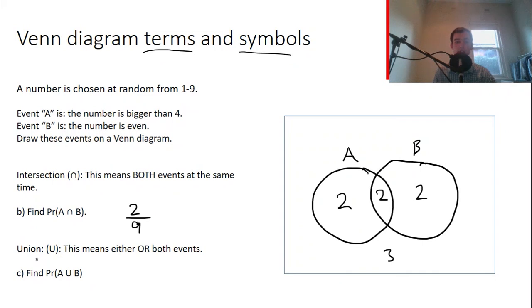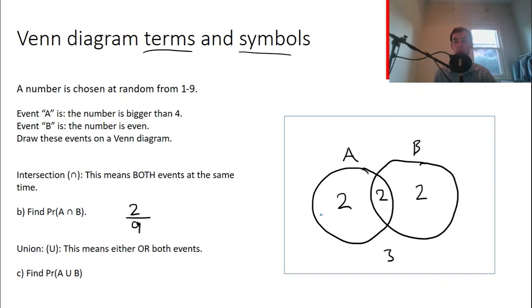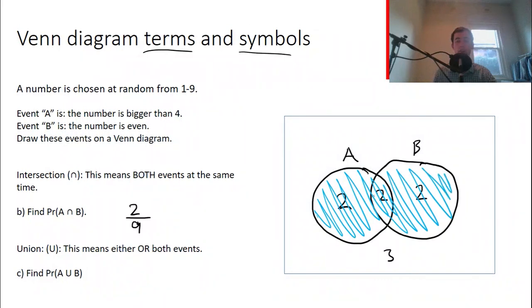Union is different. Now the best way to talk about union is to actually draw it. So I'll draw all the sections that are in the union. So union is either or both events. So that means it could be A, it could be B, or it could be both. So that's all of these ones.